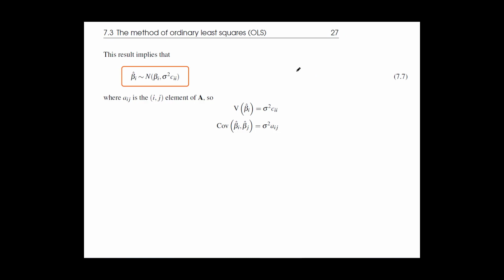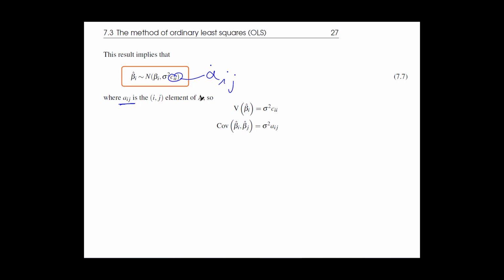Awesome. So for each individual beta, you can say the marginal distribution of each beta is normal, and this should be an A. A_ij, I'm going to correct that. But this is right. So A_ij is going to be the ij element of the matrix A. Let me just define it.